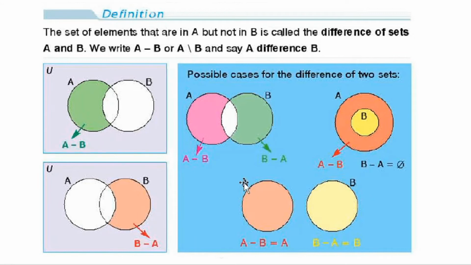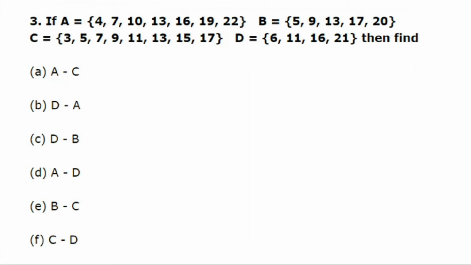Here is an example that can be applied to set difference. A is a set whose elements are 4, 7, 10, 13, 16, 19, and 22. Set B, whose elements are 5, 9, 13, 17, 20. Set C, whose elements are 3, 5, 7, 9, 11, 13, 15, 17.